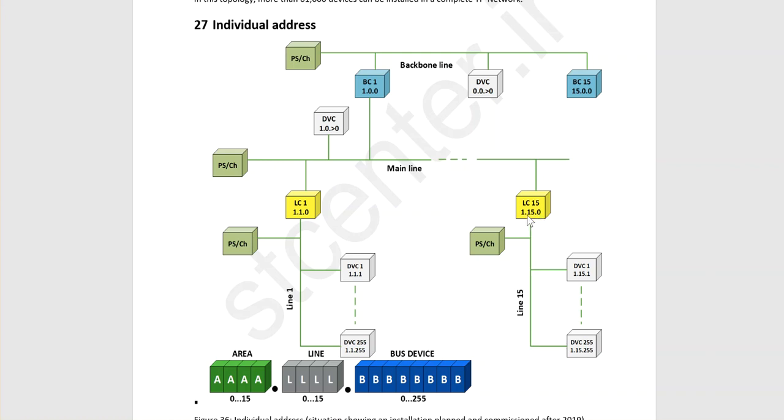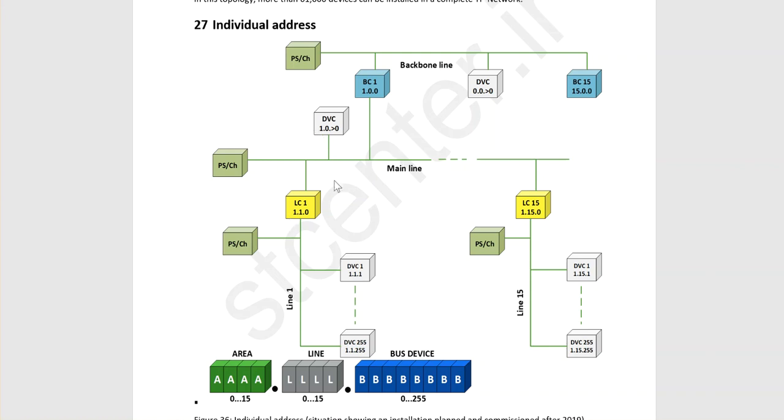This is in line 15 and area 1, okay? So if the device is located in a main line in area 1, it is written 1.0, for example 1.0.20. So this is device 20 in line 0. Line 0 means this is located in a main line, and the 1 means it's in area 1. Okay.